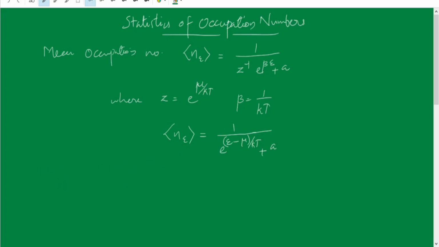So in the Fermi-Dirac case, a is equal to 1. Therefore, the mean occupation number becomes 1 divided by e raised to E minus mu divided by kT plus 1. Okay.